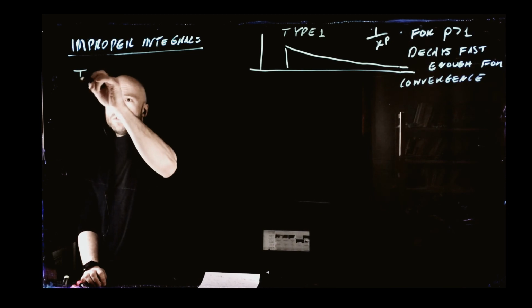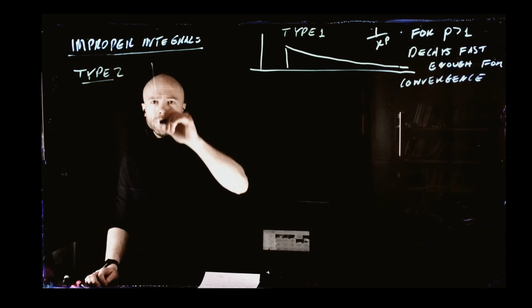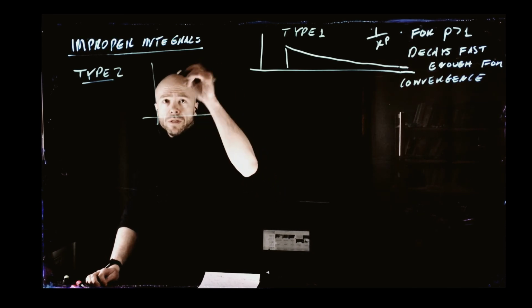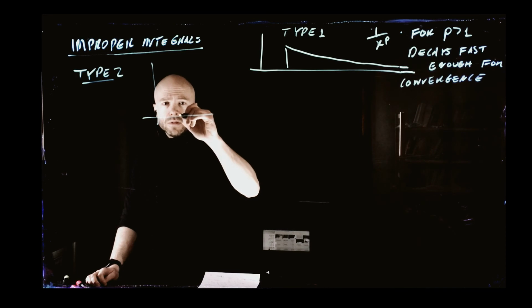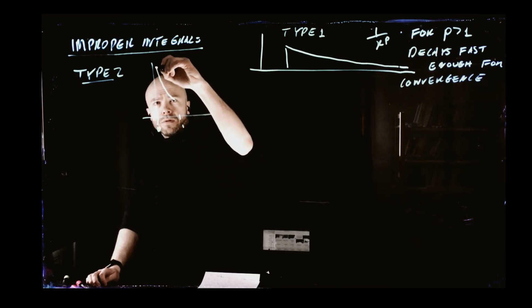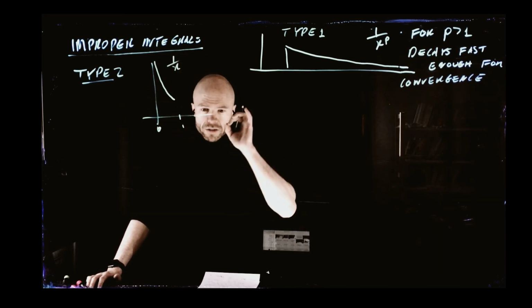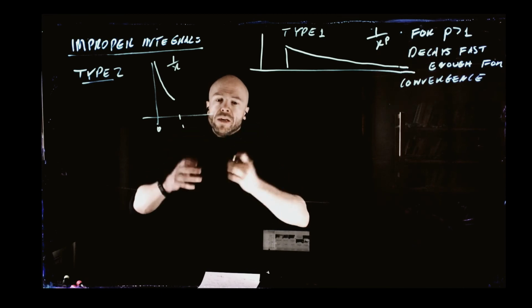Type 2, which are a bit harder, is where we have a vertical asymptote. So if we consider one of the simplest cases, 1 over x, from 0 to 1. In this case, 1 over x is blowing up too fast as we approach 0 to allow there to be a finite integral.